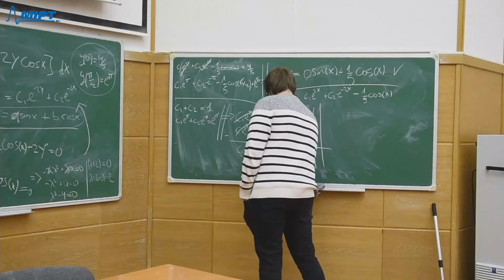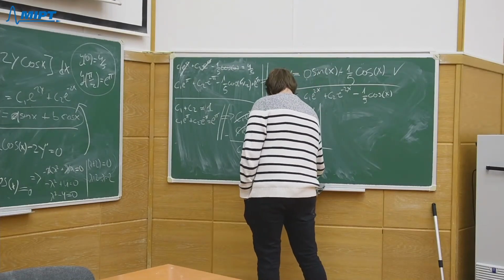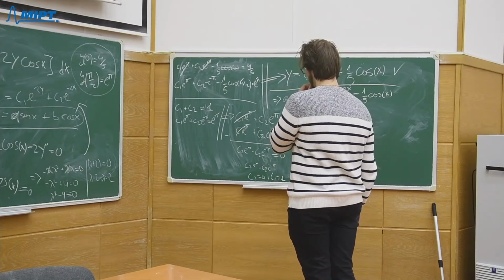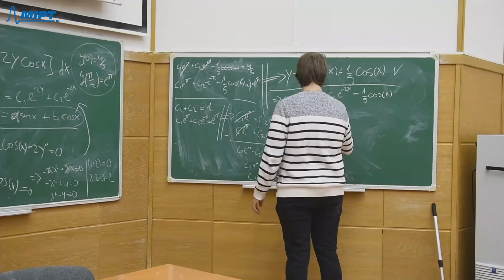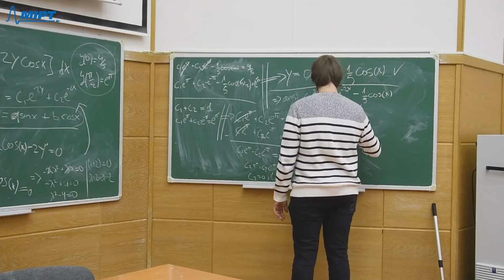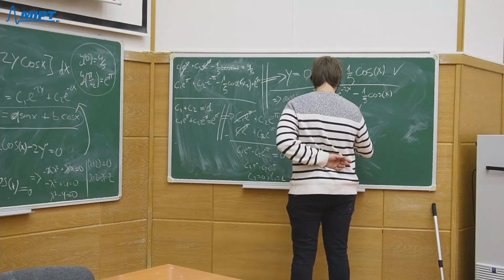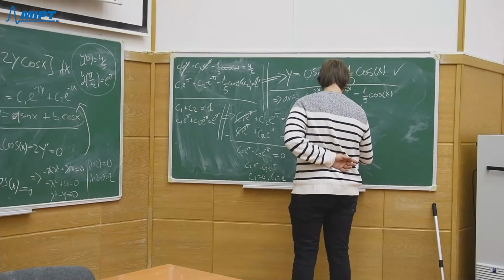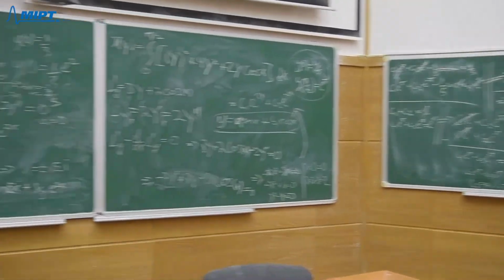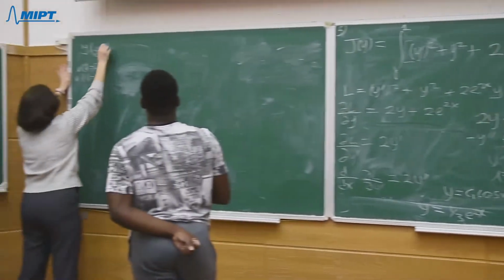Yes, so shall I? Recall that to prove this you must do the following: take y plus some variation v, which takes 0 values at the end points. V of 0 equals 0, V of 1 equals 0 also.